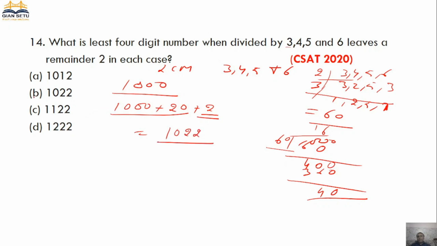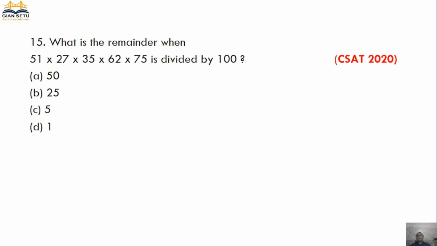Okay, now question number 15 is, what is the remainder when we divide this product by 100? Okay, now we can write this in the form 51 into 27 into 135 into 62 into 75, divided by 100.